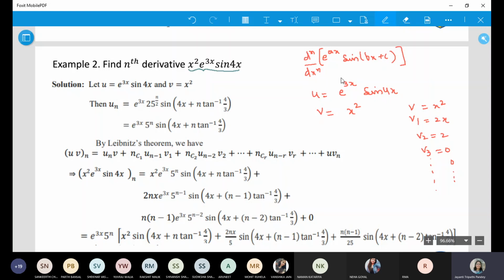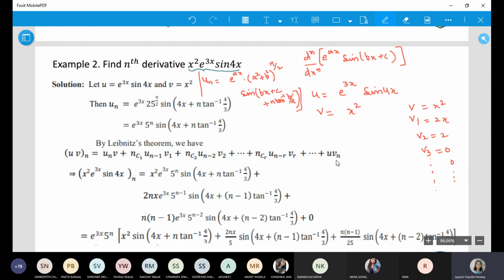Now if u is this, just tell me what is un? What was the formula? Un was e to the power ax, a square plus b square to the power n by 2, sine bx plus c plus n tan inverse b by a. This was the formula.